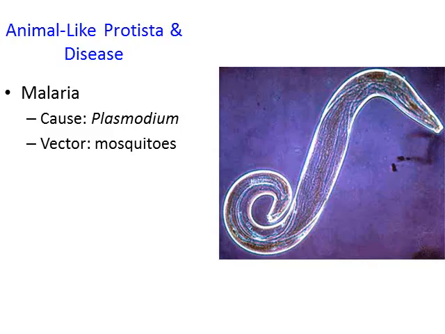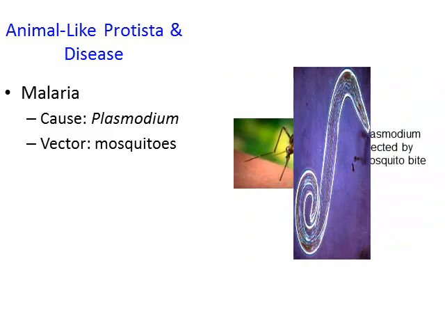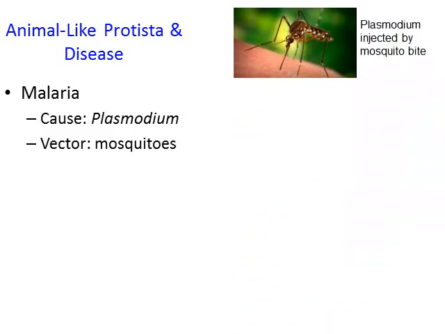The vector is what spreads a disease. So mosquitoes don't cause malaria. Plasmodium does. But the Plasmodium, this little parasite in the picture, lives inside of the mosquito, and when a mosquito bites a person, the mosquito injects the Plasmodium into the person. And so here we have a picture of that happening. A mosquito is biting a person and injects that Plasmodium into the person's blood.